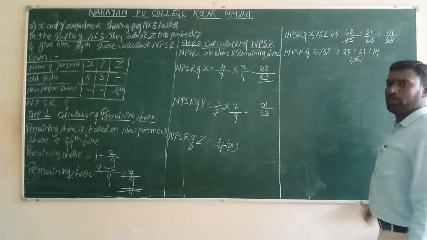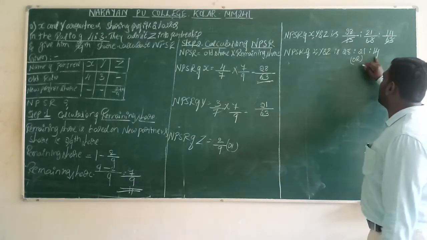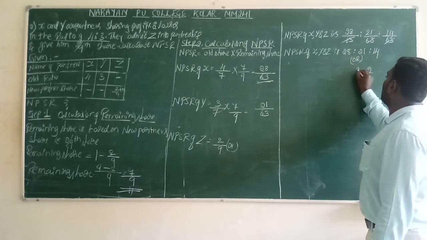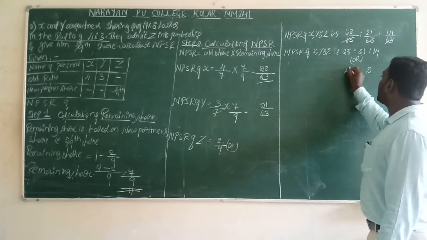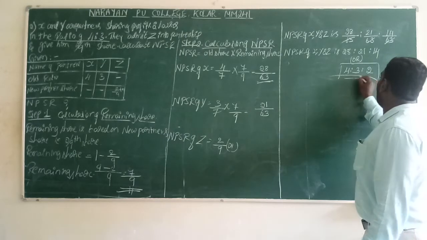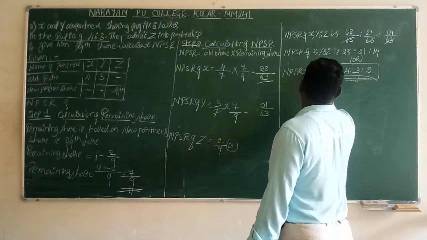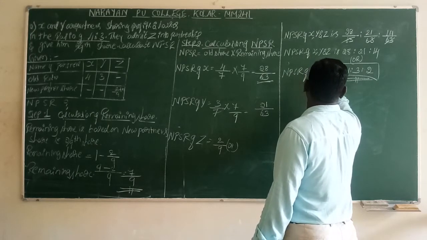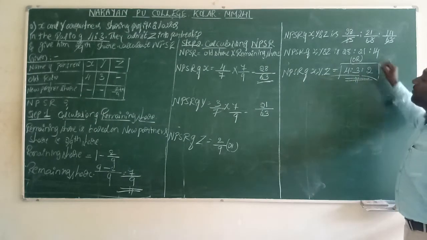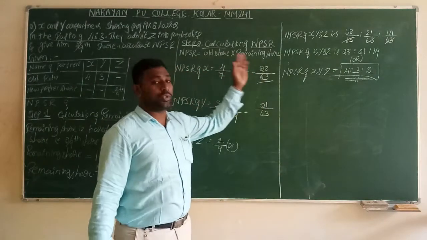All 3 values should be divisible by a single number. Here, from the 7 table, all will be cancelled: 7 fours are 28, 7 threes are 21, 7 twos are 14. Therefore, the new profit sharing ratio of X, Y and Z is 4 is to 3 is to 2. If it can be simplified, we simplify like this; if not, we keep it as it is.